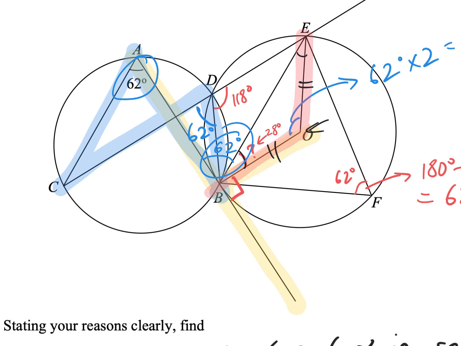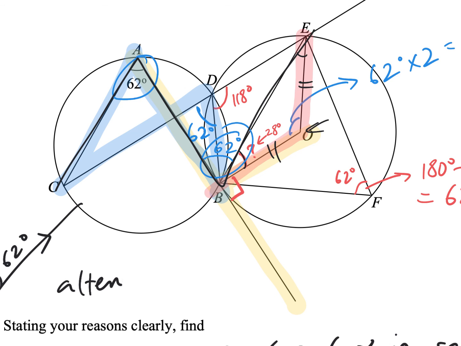I think it's clear that over here you see a Z. So maybe let me draw it out. Really what we're looking at is this Z, of which this is 62 degrees and this is also 62 degrees. That tells me that these two must be parallel. These two angles are equal by alternate angles.